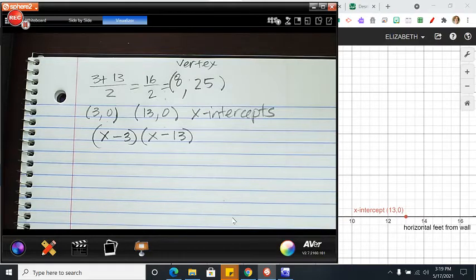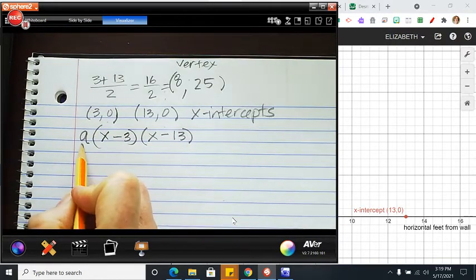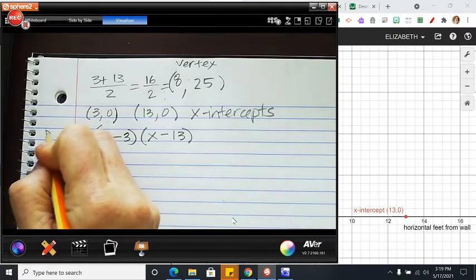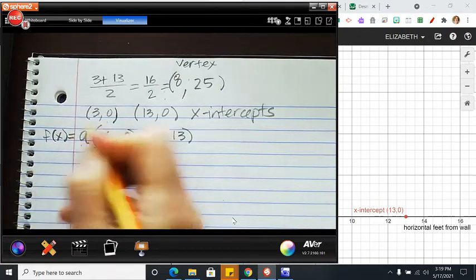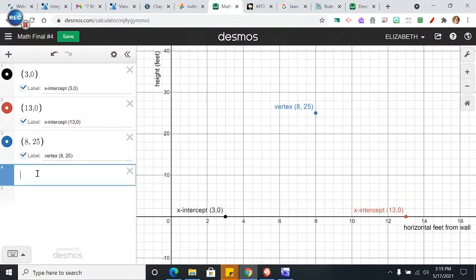Now that doesn't mean that's the equation, because you can have a stretch or a shrink factor out in front here, and you have to figure out what that is. But that does mean that you're going to have factors of x minus 3 and x minus 13. So I'm going to start out by typing that in.